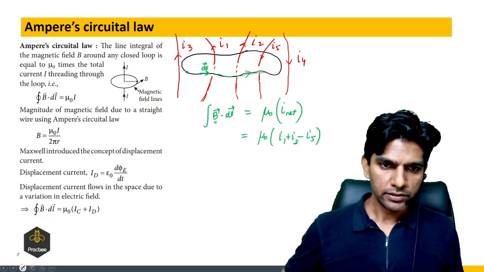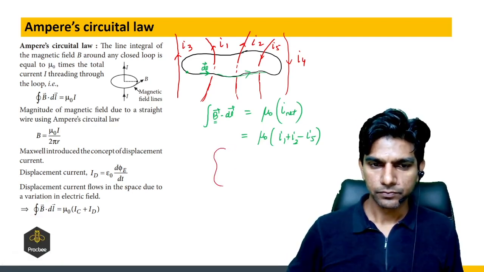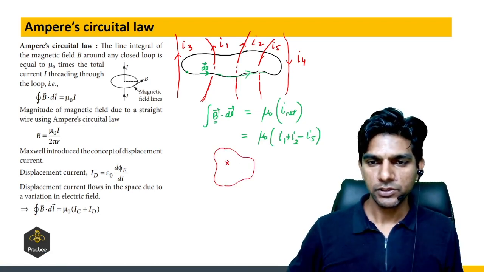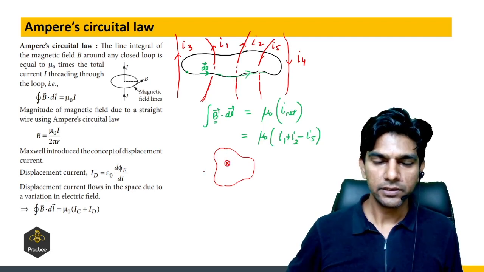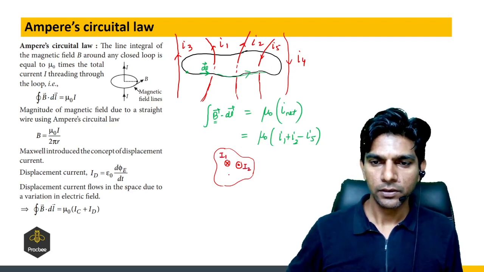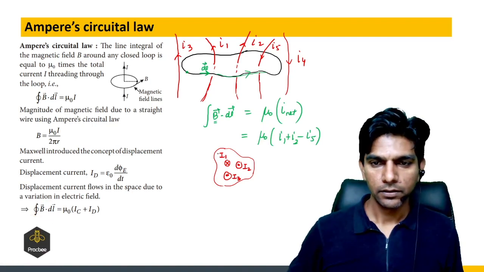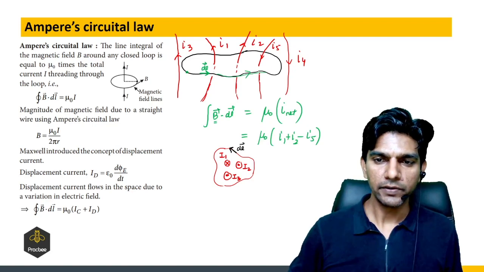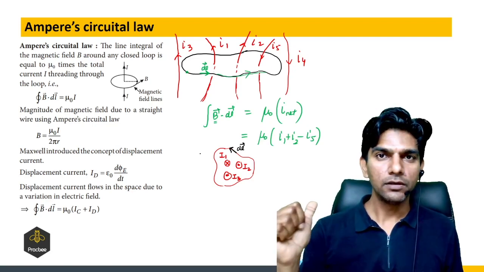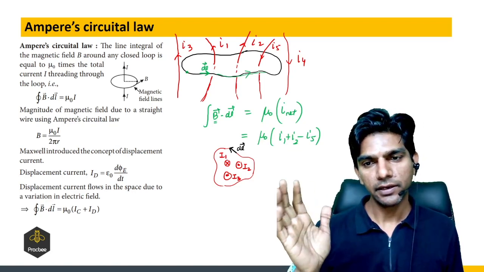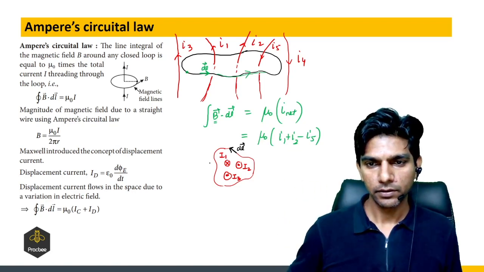Okay, let me give you one more illustration. Let us say this is the loop and there are currents piercing it. This is the direction of the current, and let us say this is I1, this is I2 and this is I3. Now if I take this direction as the direction of integration, and this is the dl vector, if I keep my thumb out of the plane for I2, the fingers are curling in the direction of integration, in the anti-clockwise direction.